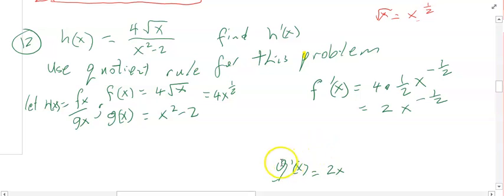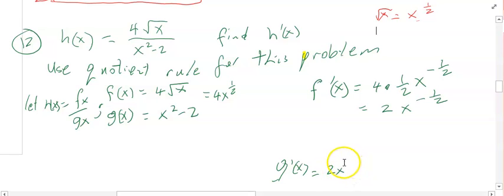Then for g prime of x, look back at g(x). g(x) was x squared minus 2. x squared, that was a power. Use our power rule. Bring the 2 over and subtract 1 from 2 in the exponent. So g prime of x would be equal to 2 times x raised to the 2 minus 1, which is just x to the 1.